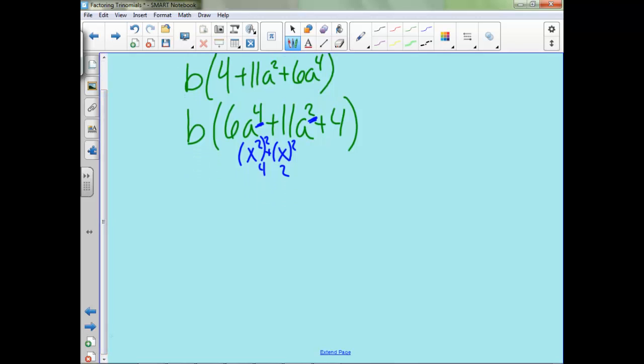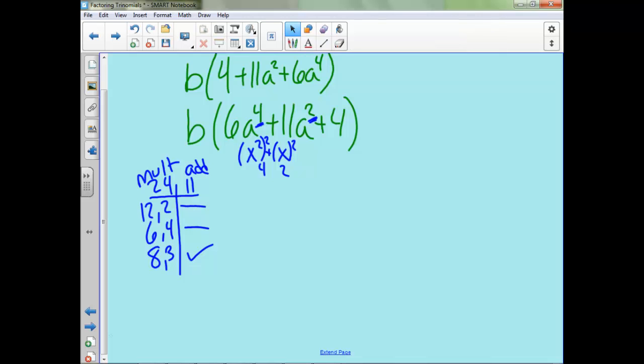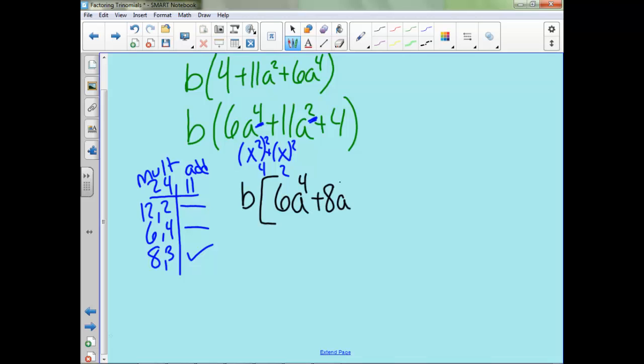So now, we've got to find two numbers that multiply to 24 and add to 11. So we're going to have this b out front. And we're going to have 6a to the fourth plus 8a squared plus 3a squared plus 4.